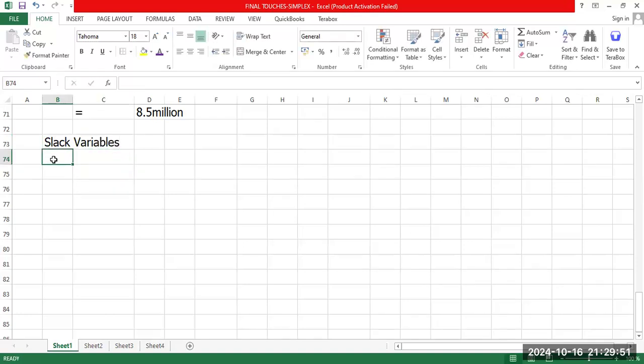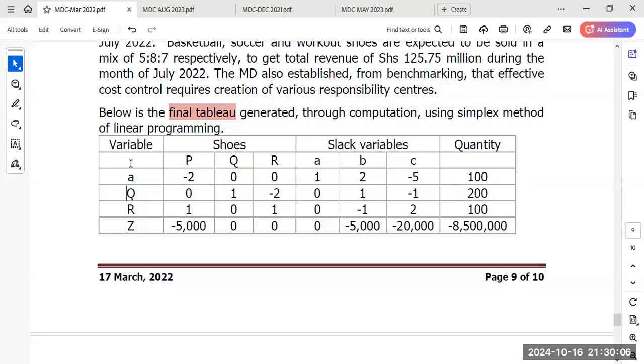You have A, how many? 100. Do you have B? B is how many? Do we have B? No. We don't have B, we don't have C. So it means that B and C were fully utilized.